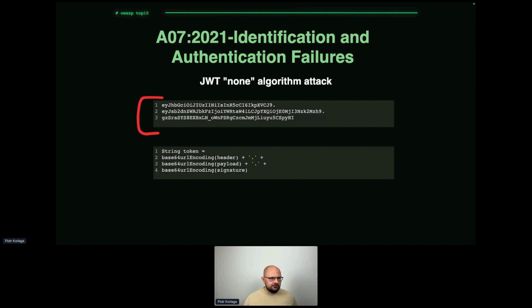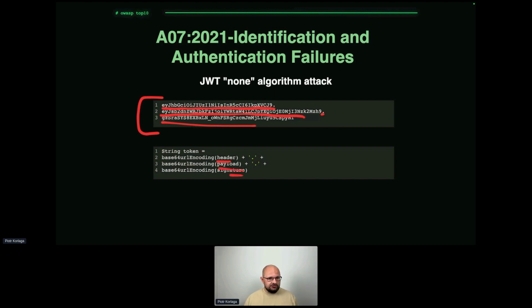And it has 3 sections, I would say, divided with dots. One dot, second dot. So those are 3 sections. The first section is the header, and it contains the algorithm that we're going to use to validate the token. The second one is just the payload, and the third one is the signature, right? You have that here. Header, payload, signature.